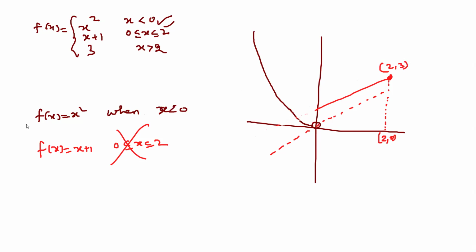Understood? And the third condition is what? y is equal to, or you can say f(x) is equal to 3. 3 is what? A line. This is y equal to 3, when x is greater than 2. Greater than 2 means from here. Understood?